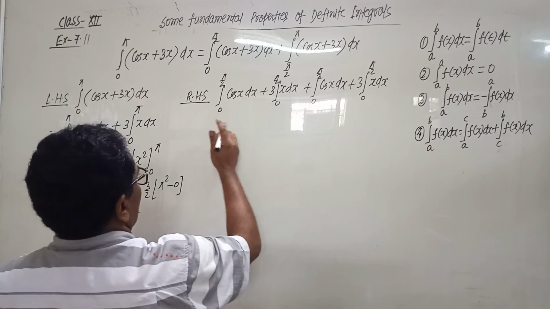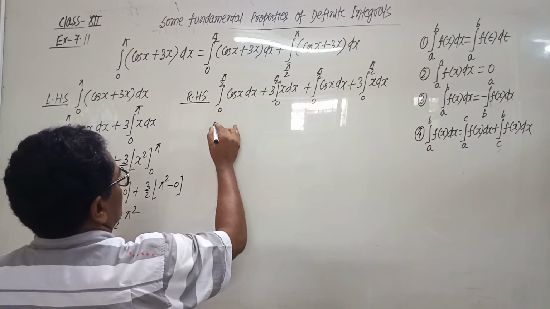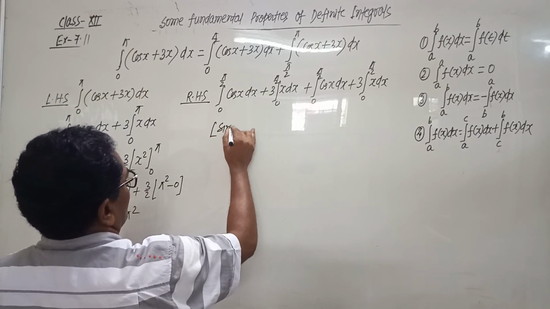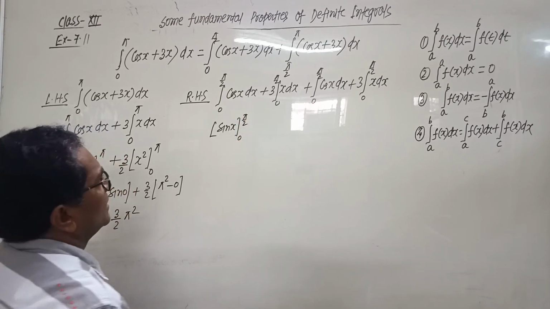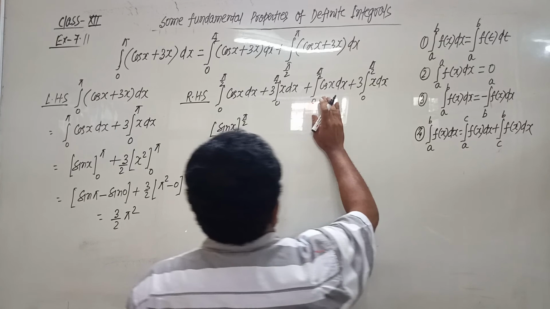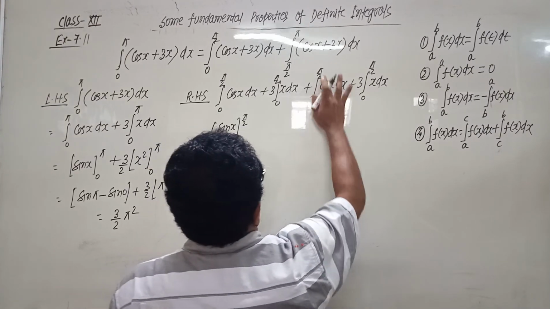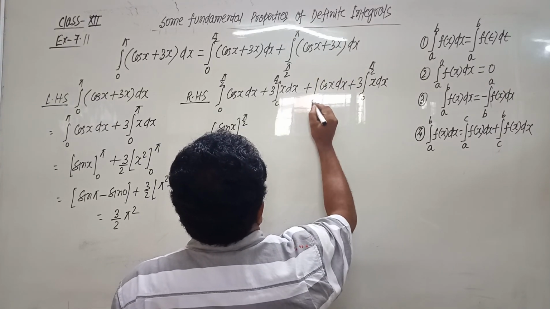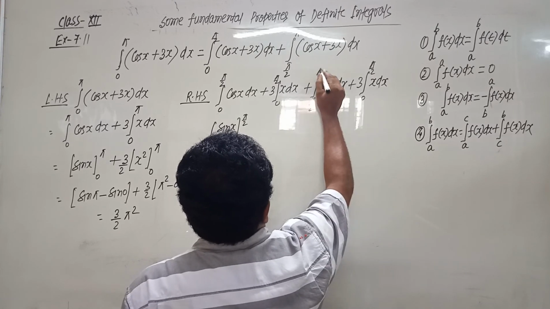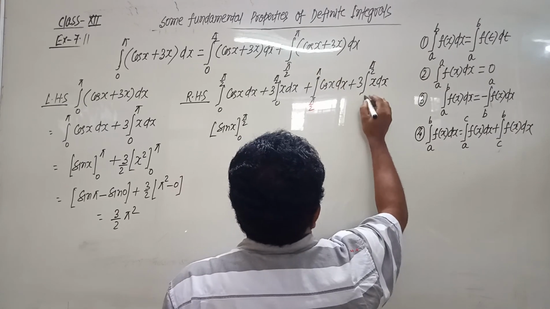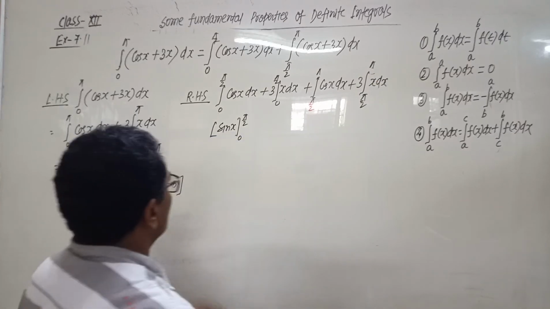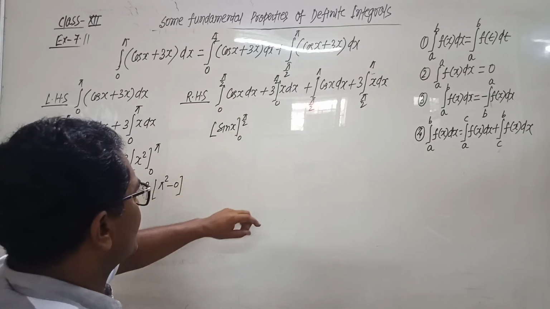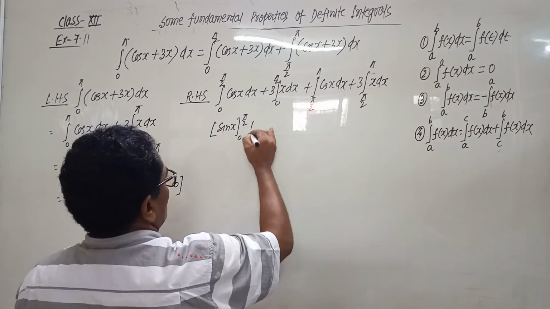Now integration of cos x is sin x with limit from 0 to pi by 2, and pi by 2 to pi for the second.